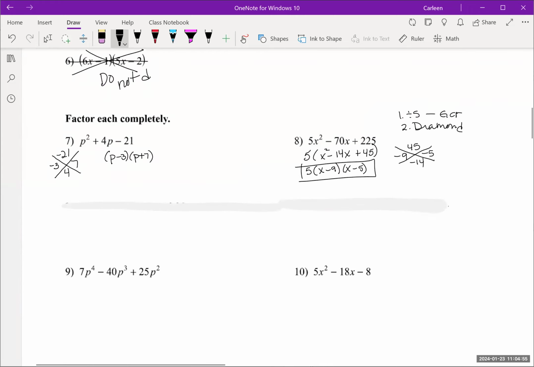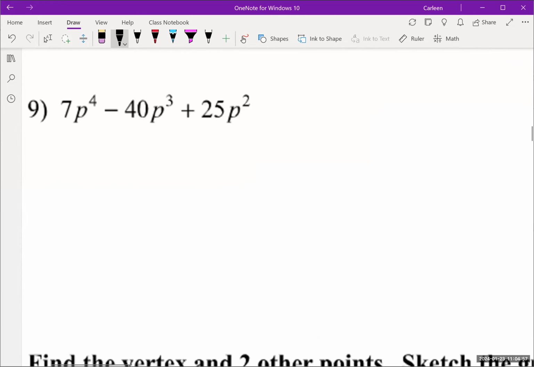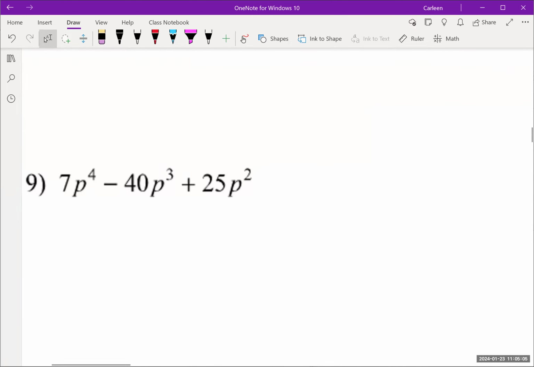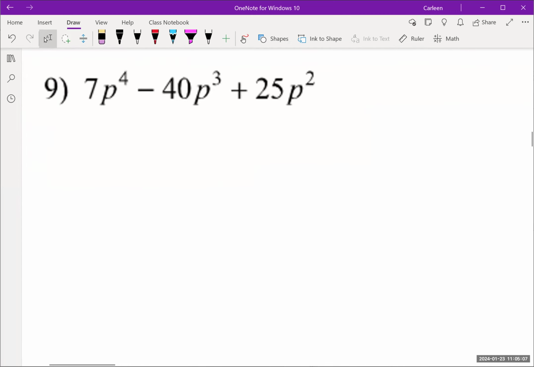Okay, number 9. P to the 4th. I can't factor p to the 4th. Okay, step 1, GCF. They all have a factor of p squared.